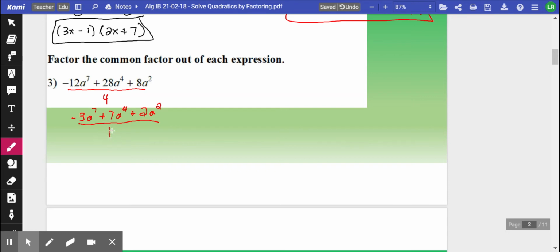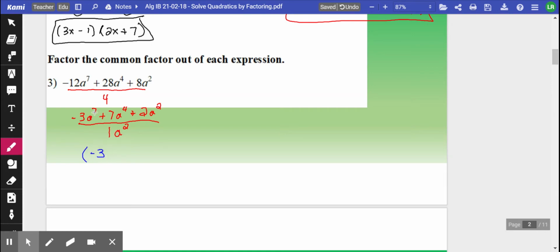So 1, I'm done. Now we're going to look at our letters, our variables. Okay, we have a to the 7th, a to the 4th, a squared. The smallest exponent is 2, so I'm going to divide that out, a squared. Okay, and when I take that out, I'm going to get what's in my parentheses. So it'd be negative 3.